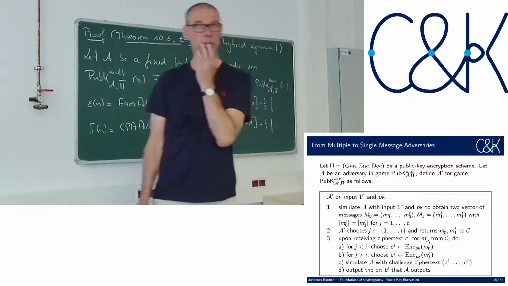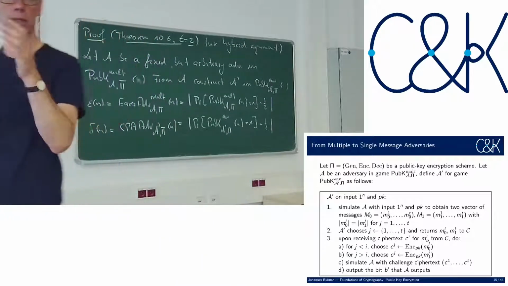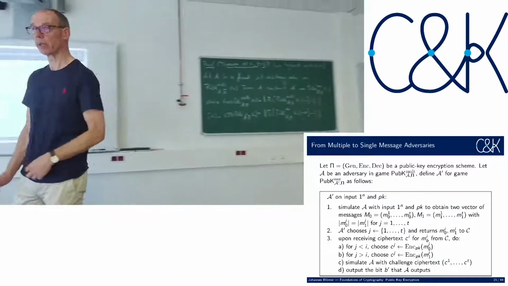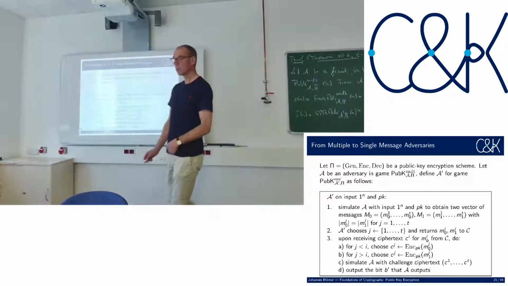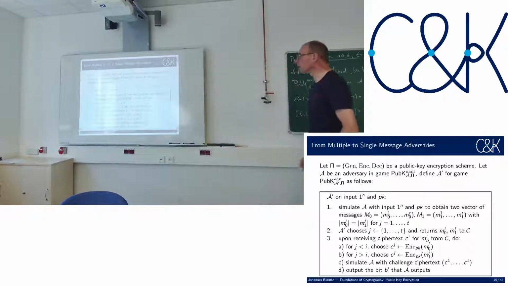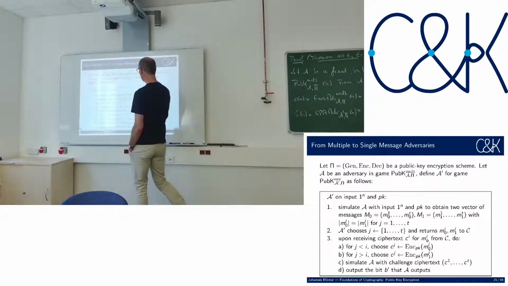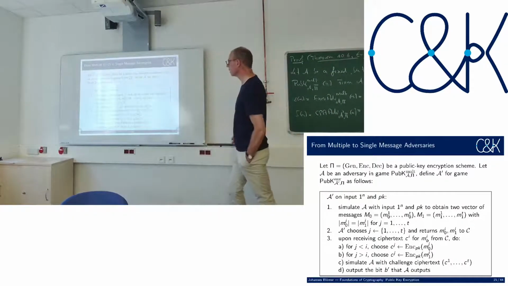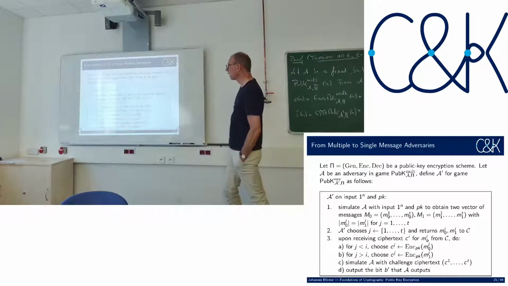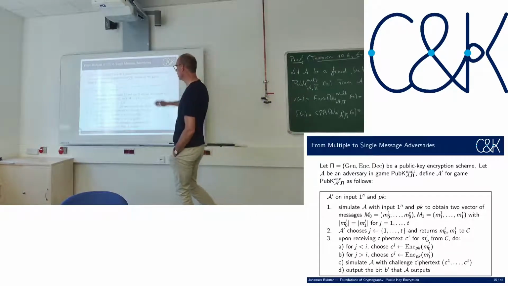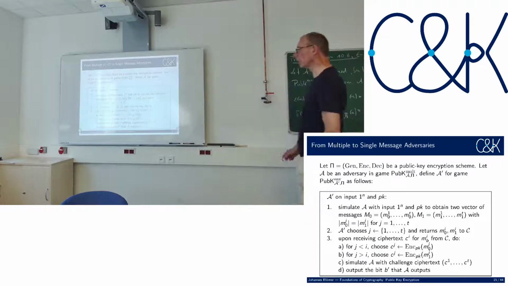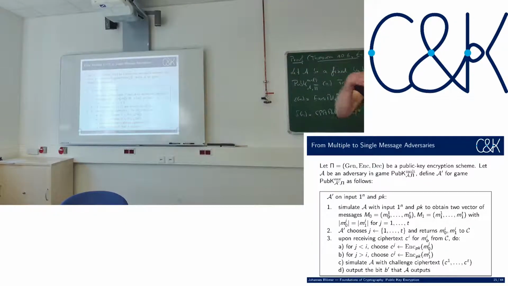In general, this t is a function of n and it has polynomially many things. So let pi be our public key encryption scheme under consideration. We use this adversary A that I defined, that's fixed but arbitrary, and then we have this A prime as follows. So it gets as input 1 to the n and pk, right?